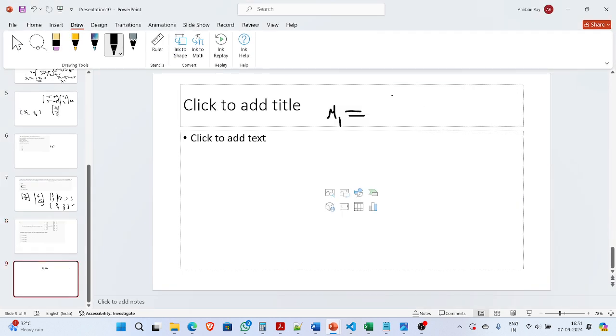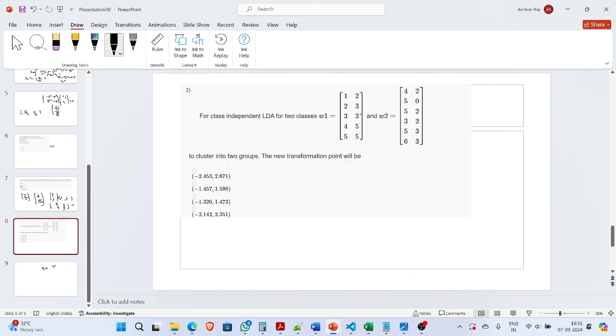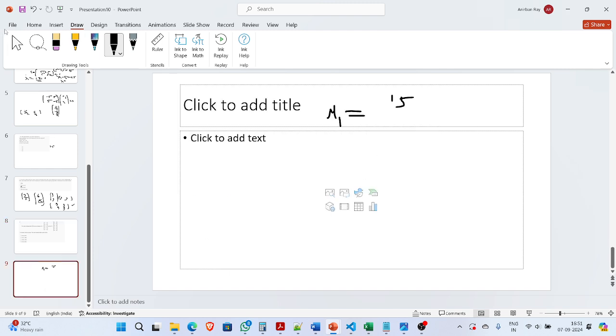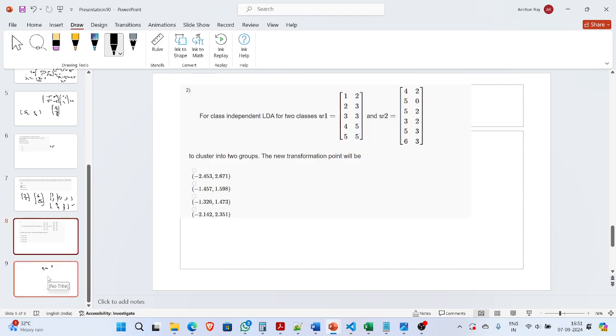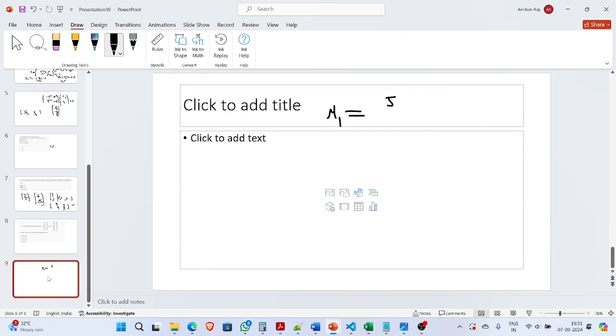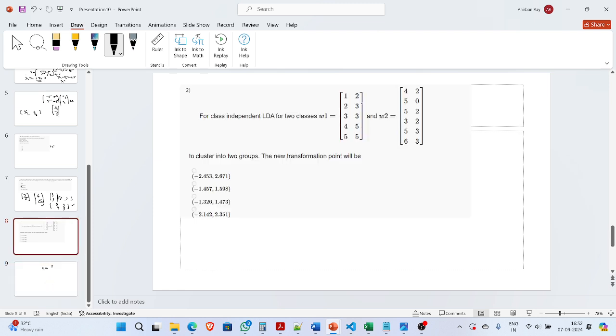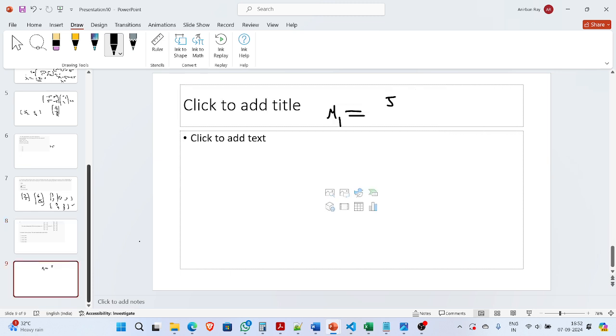No, mu1 is not 15, it is divided by 5. So this is 5 here, and this is 10, 16, 18. 10 and 16 and 2, 18, 18 divided by 5.